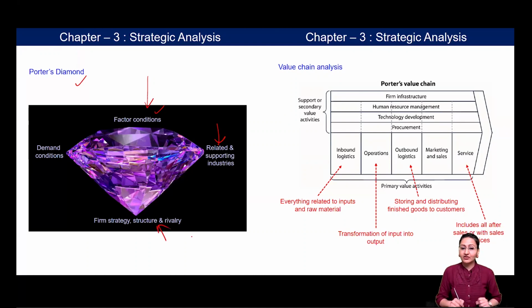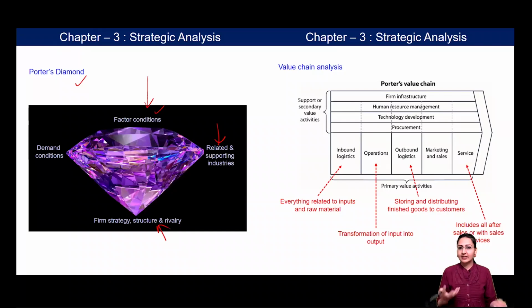Then the firm's strategy, structure, and rivalry. Does the country work well with our firm's structure? How do we structure ourselves? Maybe we structure in divisions. Maybe we structure as small factories working in different locations. If the country is geographically very big, we may increase our costs of distribution.